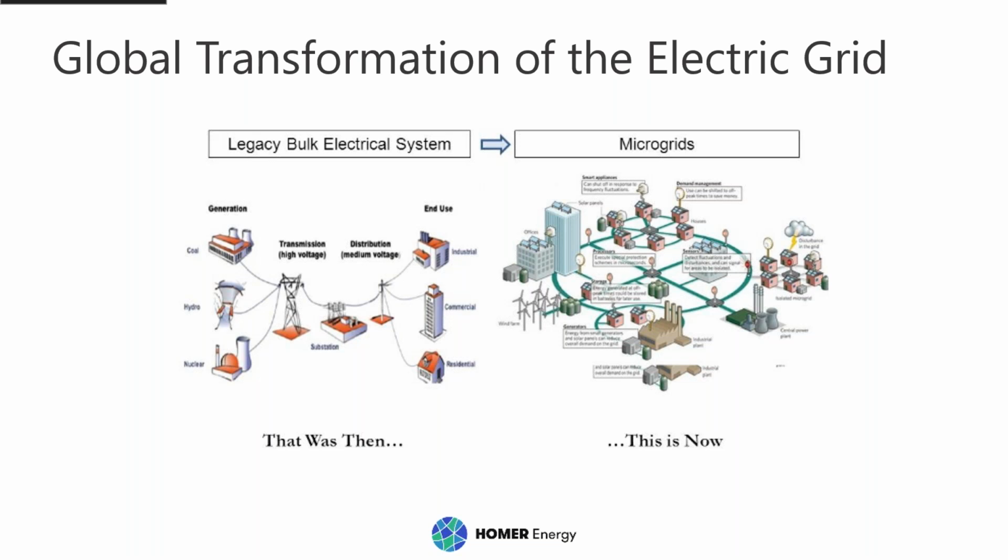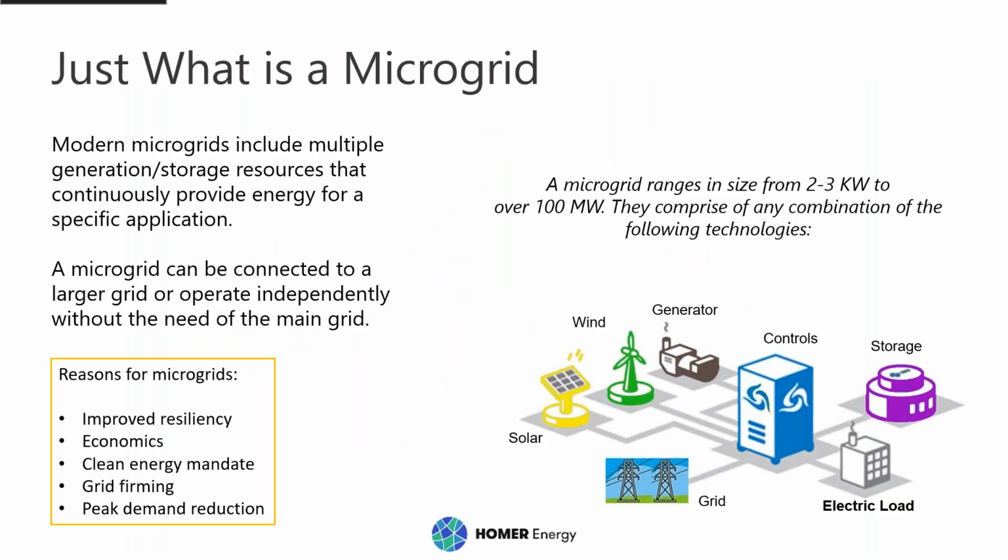But what we're seeing now is an evolutionary change, going from centralized power stations to decentralized stations, where electricity is generated not just in big power plants, but also on tops of factory roofs and homes and office places around the world.